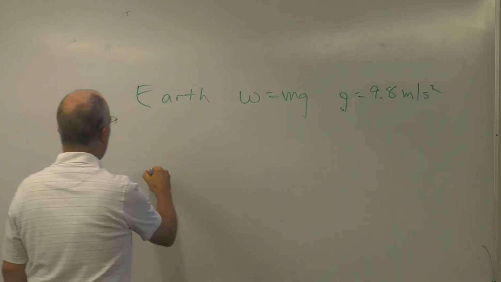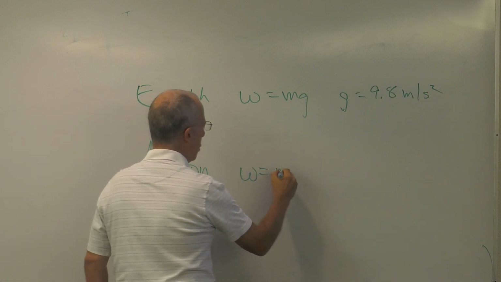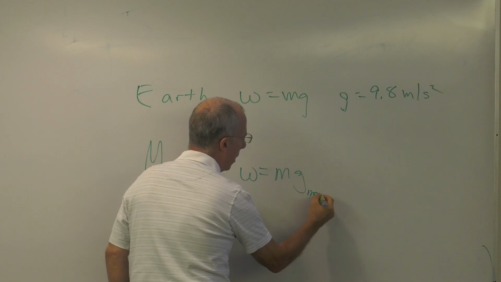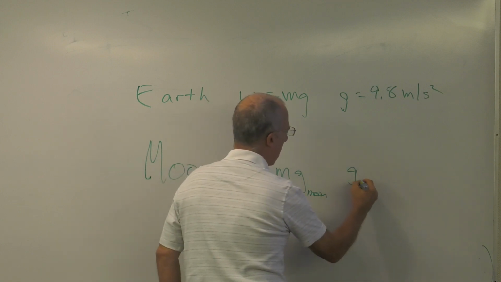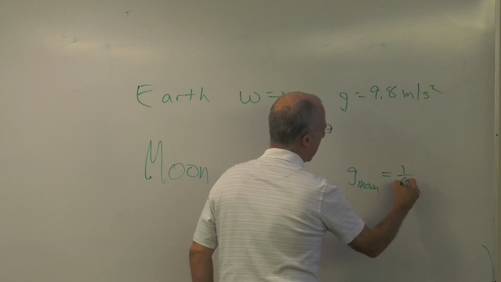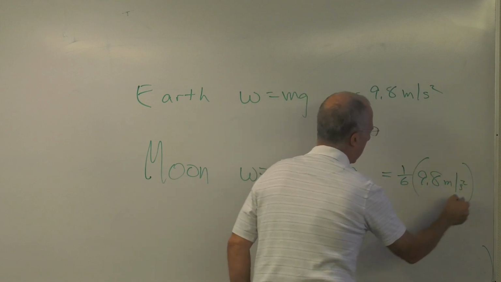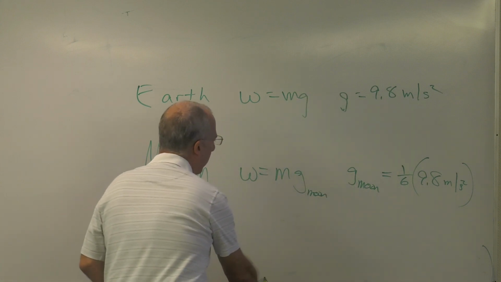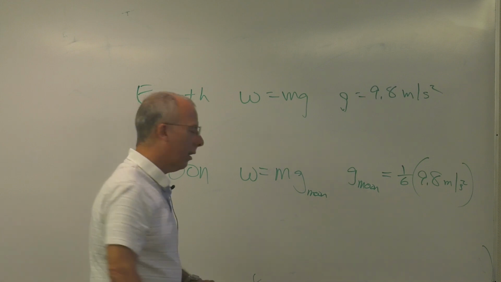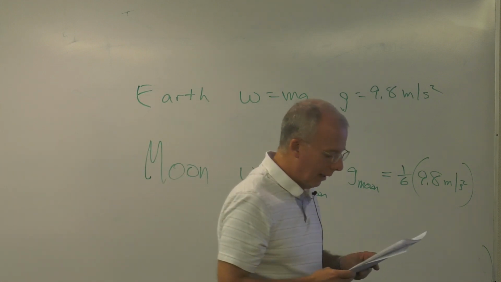But on the moon, it's still mg, but now it's the g of the moon. And g of the moon is about 1/6 of 9.8 meters per second squared. So, obviously, when you go to the moon, your weight is 1/6 what it is on the Earth. Okay? All right.